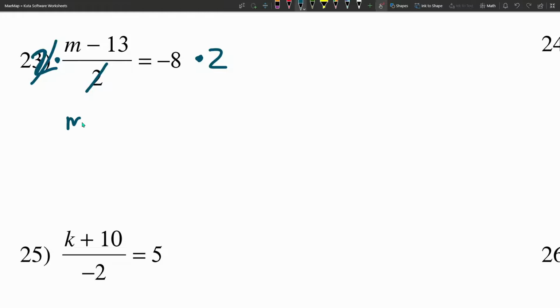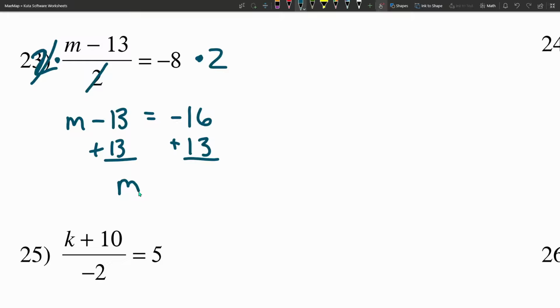So we're going to have m minus 13 equals negative 8 times 2, which is a negative 16. Last step, just add 13 to both sides because negative 13 plus 13 is 0. So we have m on our left-hand side equal to a negative 3 for our right-hand side, because negative 16 plus 13 is a negative 3.